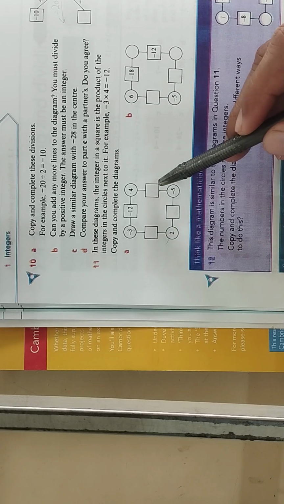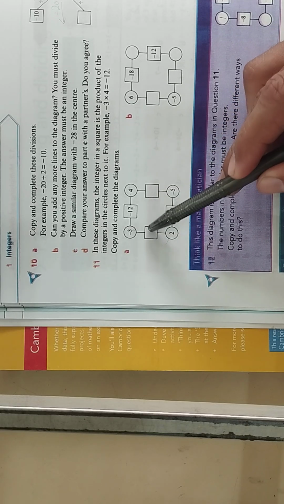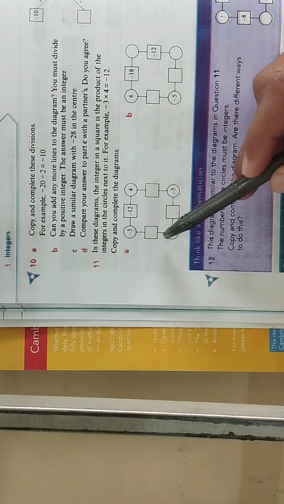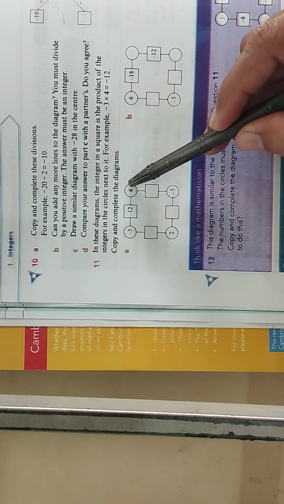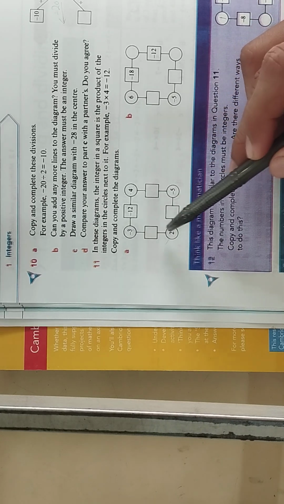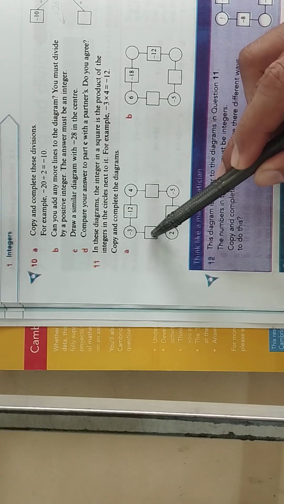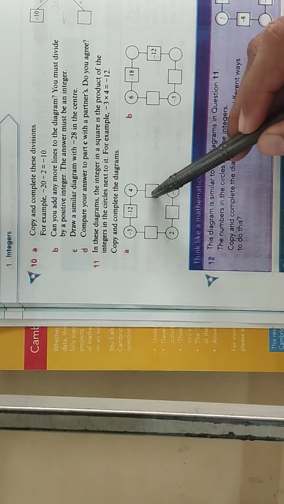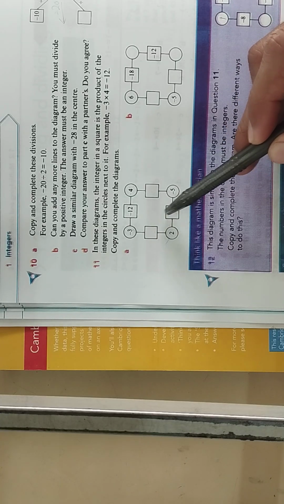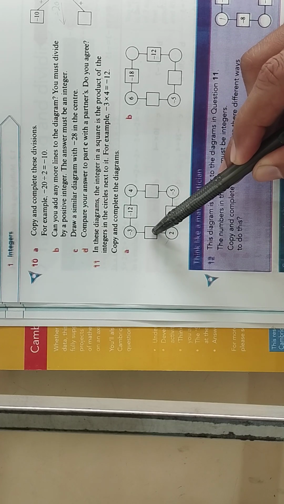So in each diagram we have four squares and four circles. Some numbers are written in these diagrams and some numbers are missing, so we need to find these missing numbers in each diagram.